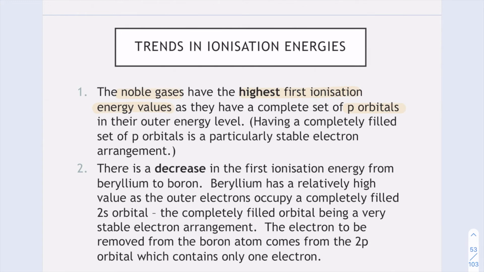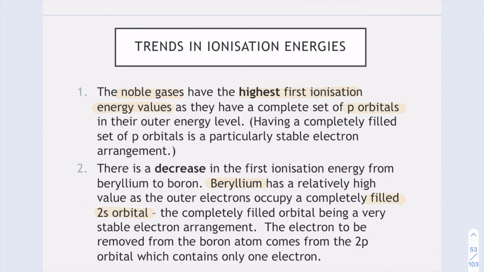Also, there's a decrease this time going from beryllium to boron, so that is the very top of the periodic table going across. Feel free to grab one just to have a look at where I'm talking about. The reason for that is because beryllium has a completely filled 2s orbital, and a filled orbital in general is particularly stable.